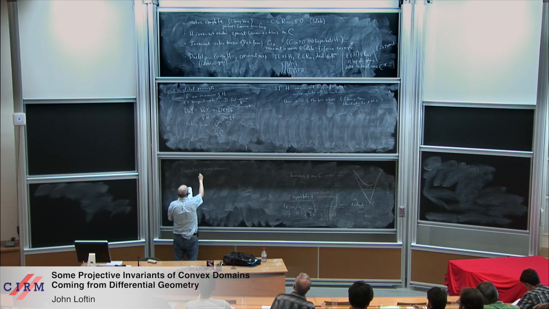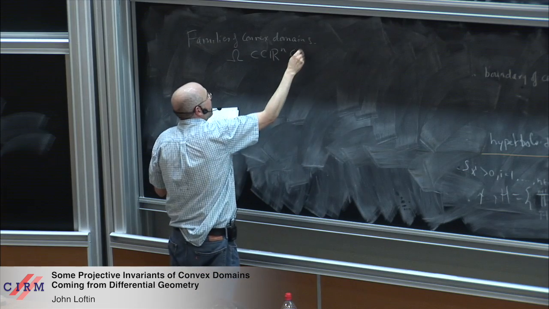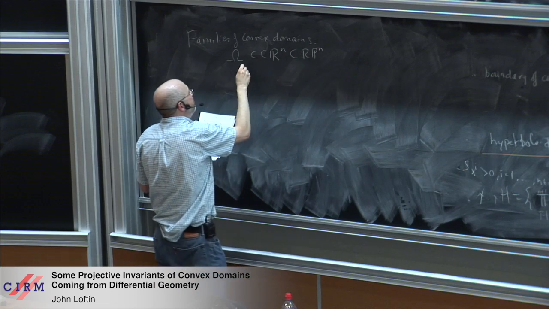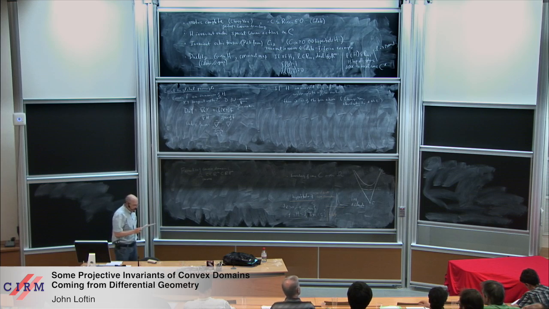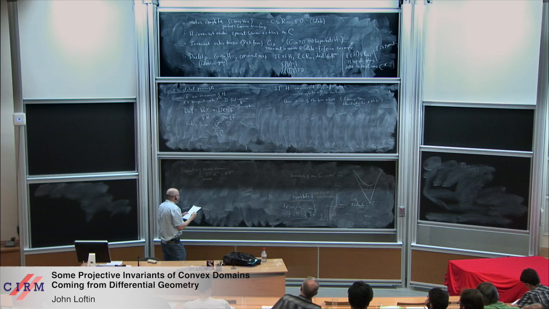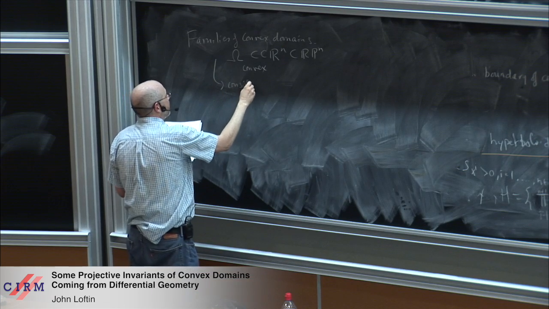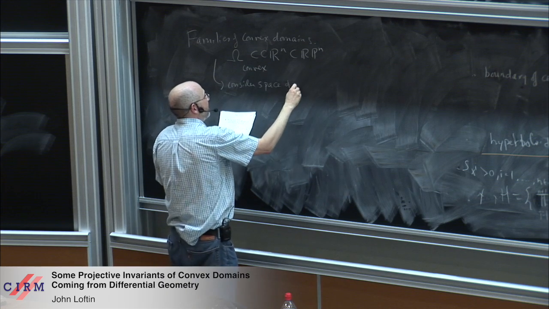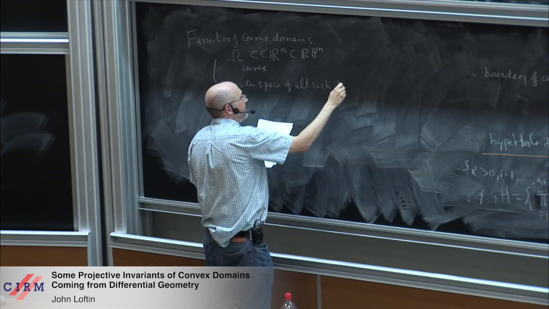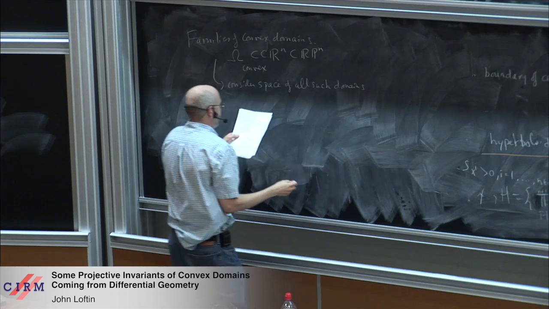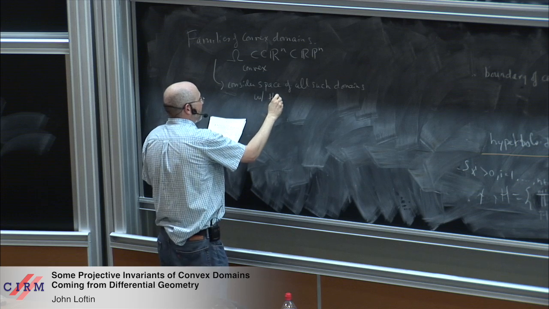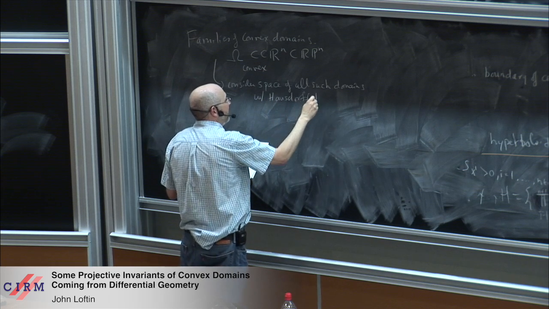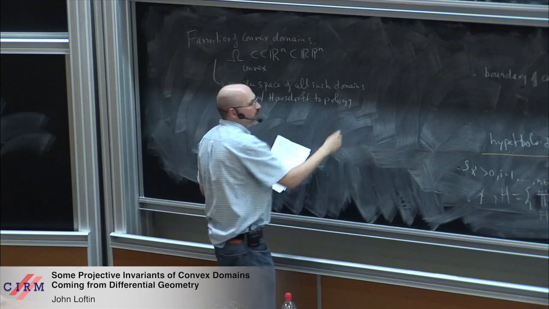So what I would like to consider is Omega, again properly convex, as a subset of RP^n in the same sense. And you can consider the space of all such domains with the Hausdorff topology. So you just use a standard metric on RP^n, the Fubini-Study metric.